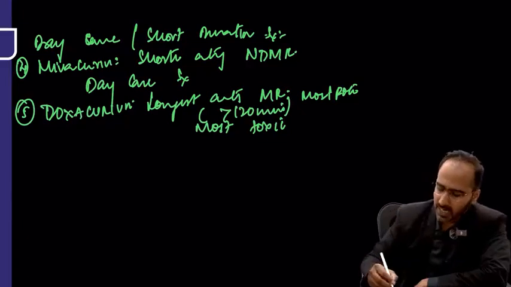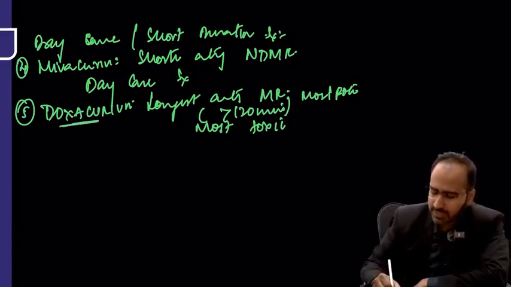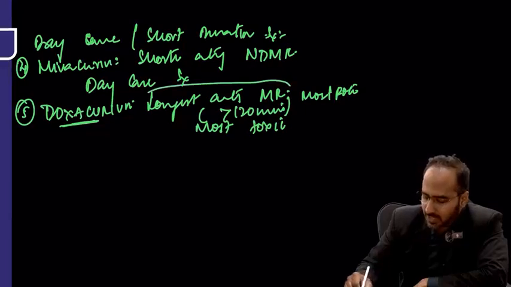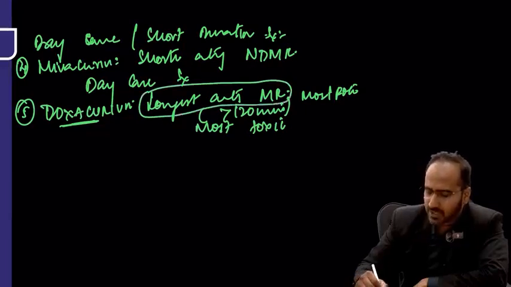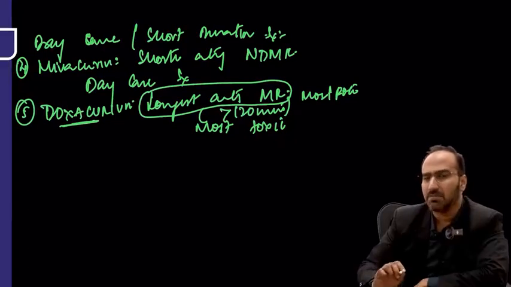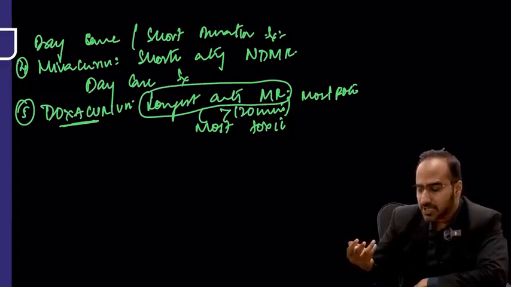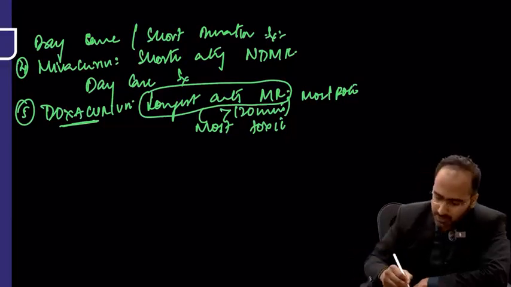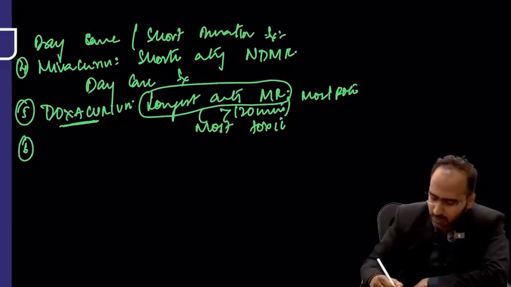Hence, doxacurium is not used. But is the query solved? The longest acting muscle relaxant was doxacurium, but we are not using it. So, instead of doxacurium, some other drug has to be used. The next introduced, after doxacurium, was what, guys?